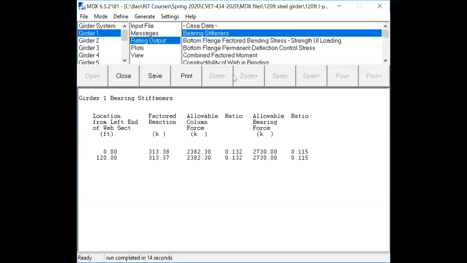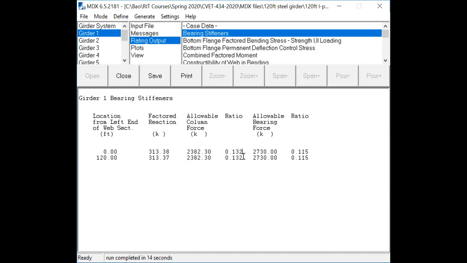And like bearing stiffeners, the ratio is 0.115, which means it's really safe for bearing stiffeners. Although this ratio is pretty low, we still use the 7.5 by 1.5 inch because of the design standard, and those stiffeners are used in the erection of the steel girder.